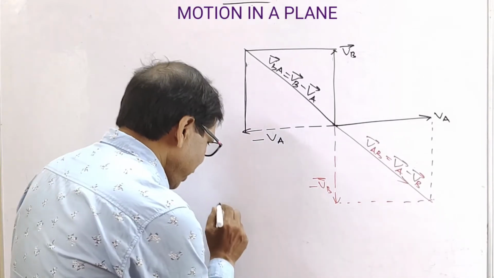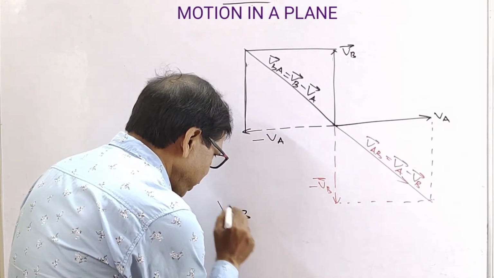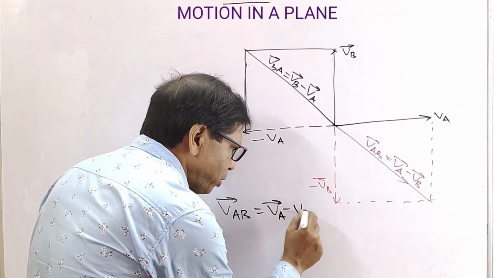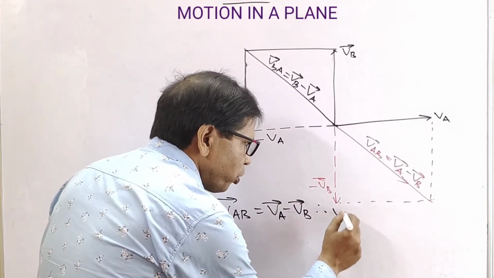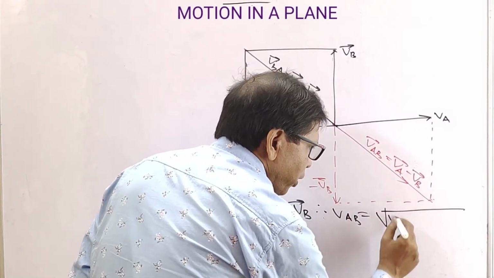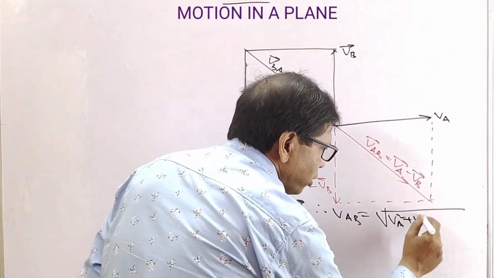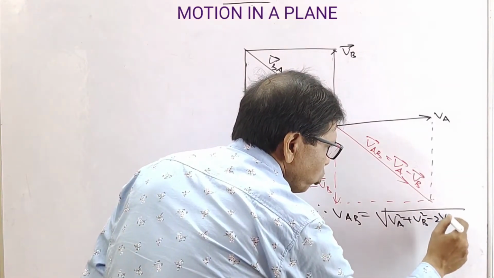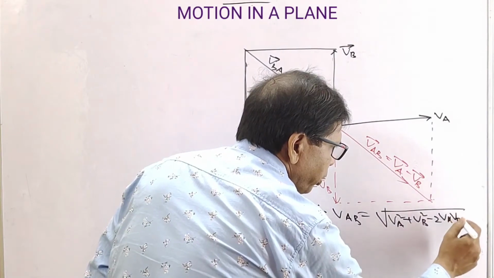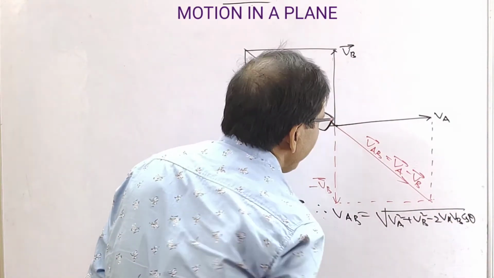Now look at this. VAB is equal to VA vector minus VB vector. Therefore VAB equals root under of VA square plus VB square minus 2 VA VB cos theta.